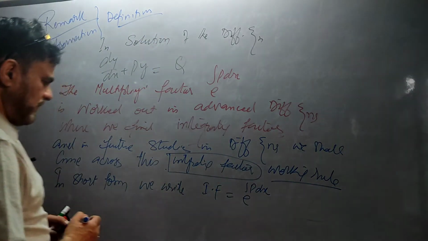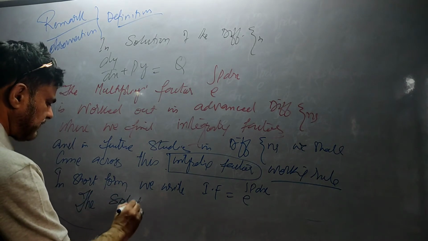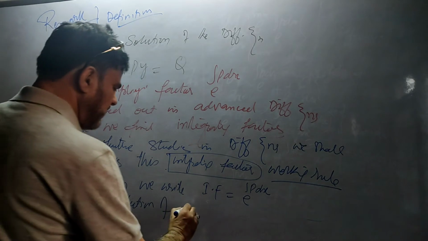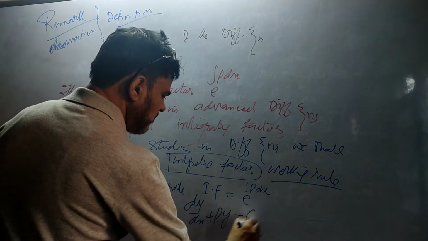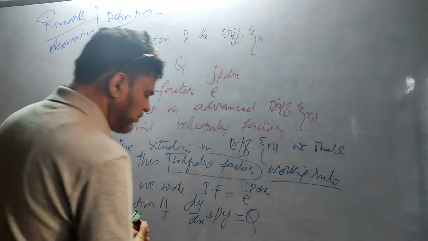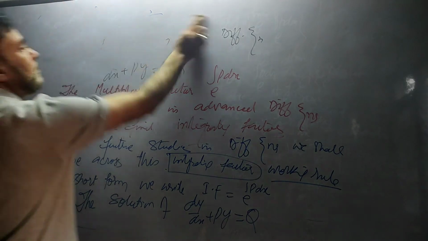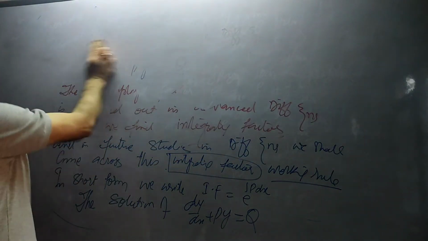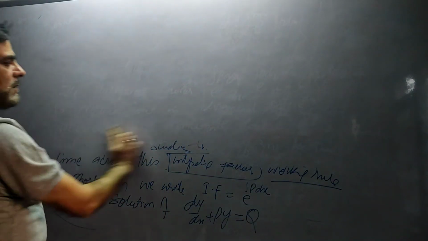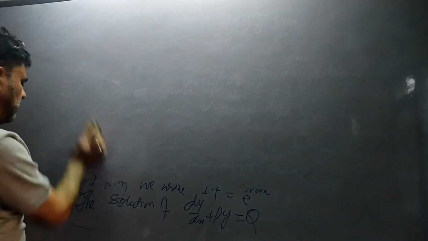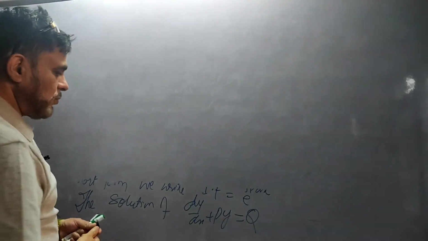And what is the solution of dy by dx plus py is equal to q? How do we remember to write down the solution of this differential equation? Well, we write the solution now.